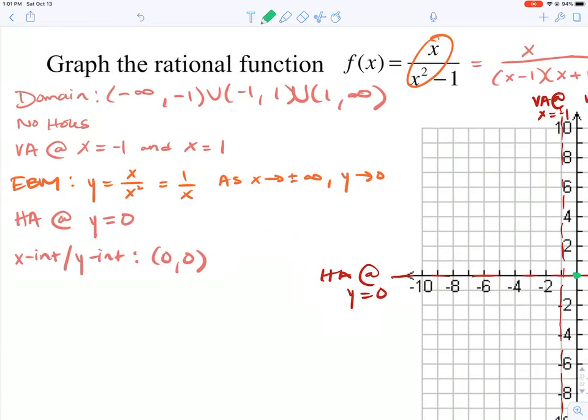So why don't we find f of 1/2, or f of 0.5, and f of negative 1/2. So 0.5 divided by 0.5 squared minus 1. Right, so I get negative 2/3.